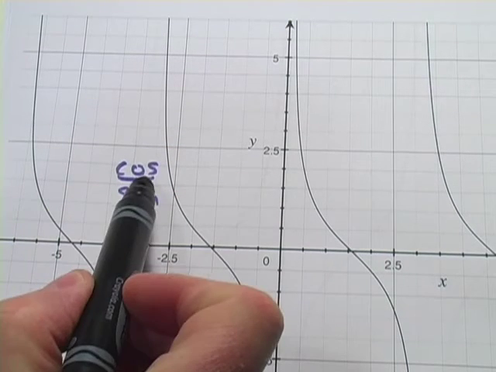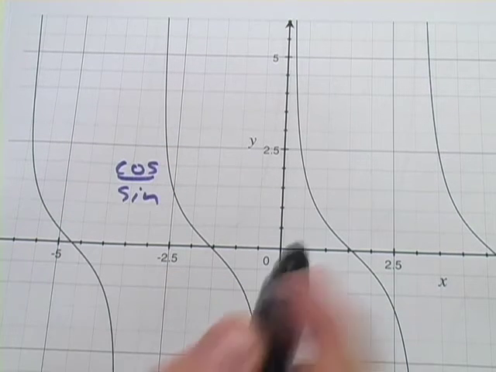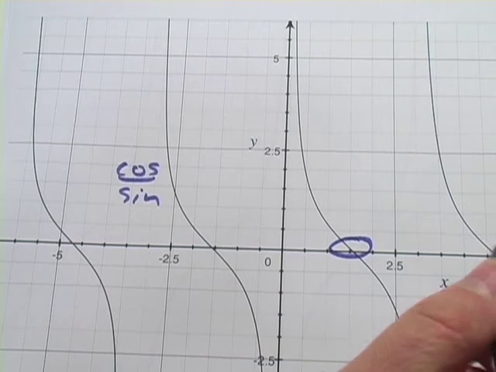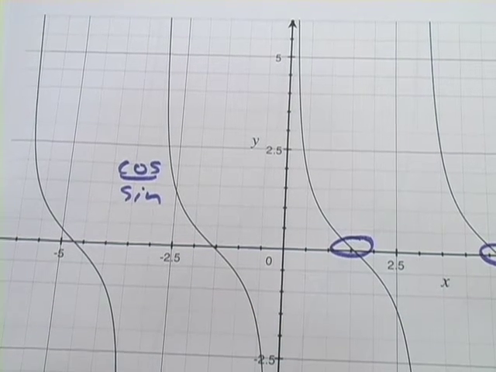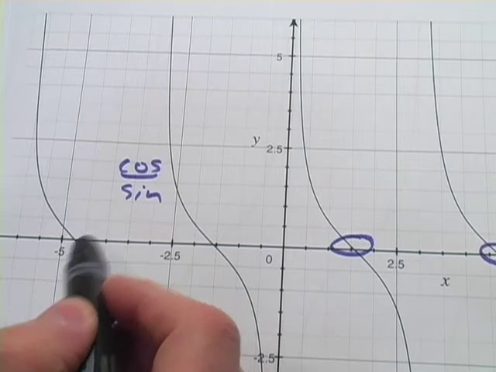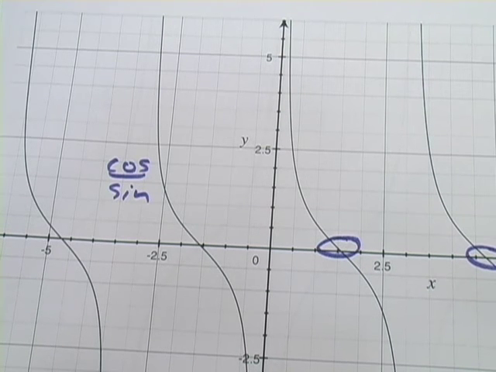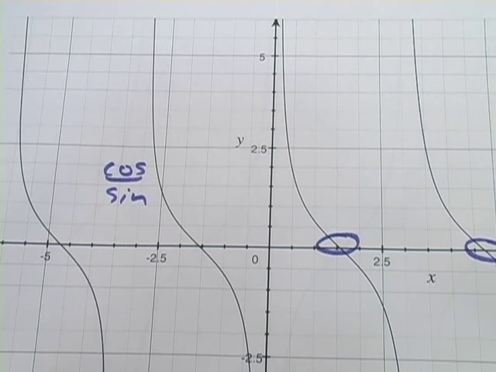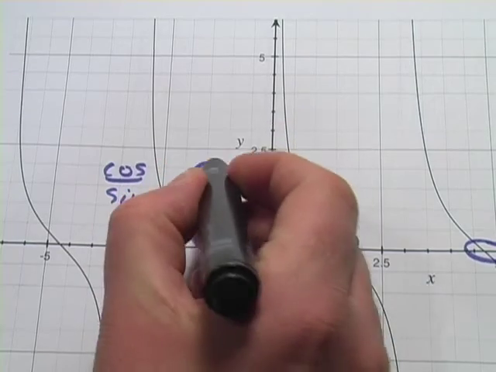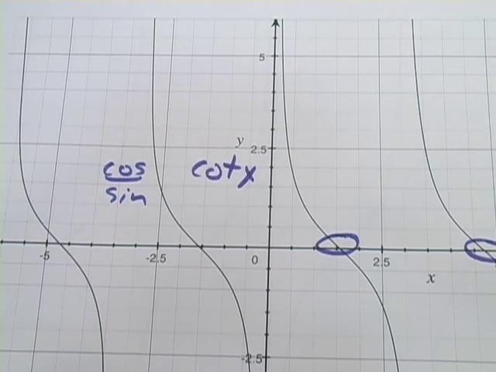So where cosine equals 0 would be at pi over 2, 3 pi over 2. That's where it crosses the x-axis. Where sine equals 0, like at 0 and at pi, it's going to be undefined, and that's where you have the arms reaching up to infinity and down to negative infinity. So this is the cotangent of x.